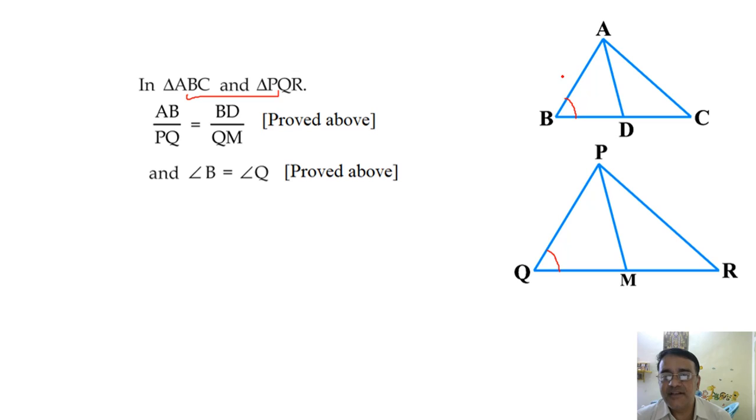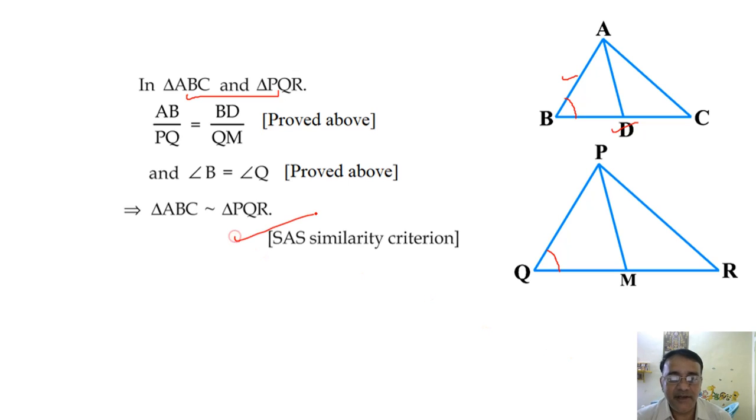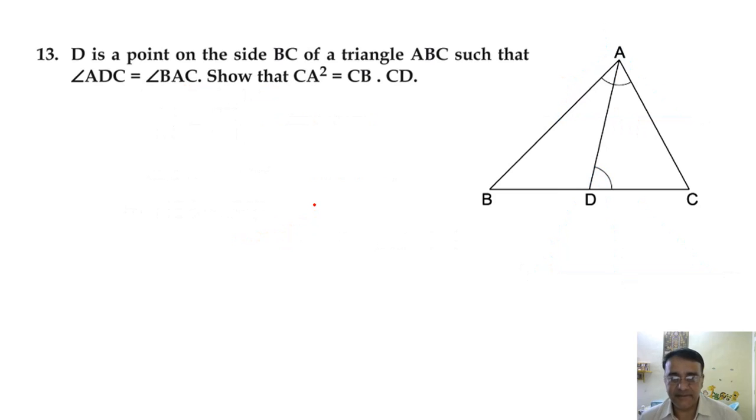Two corresponding sides are in the same ratio and included angles are equal. By which? SAS, right, very good. These two triangles are similar by SAS similarity. So this is question number 12. Now we'll move towards question number 13.